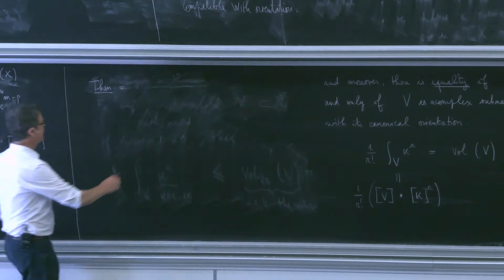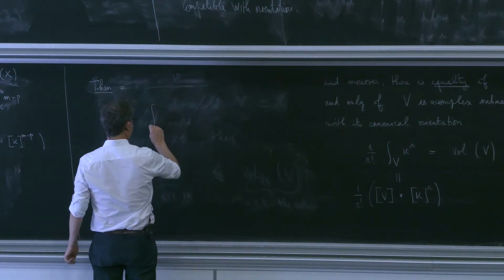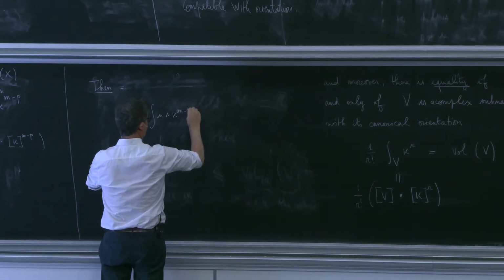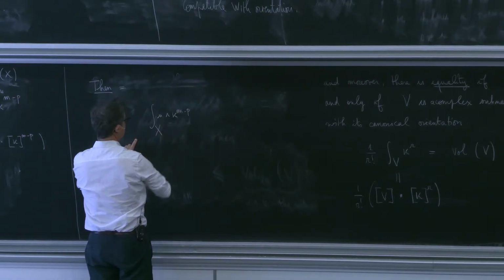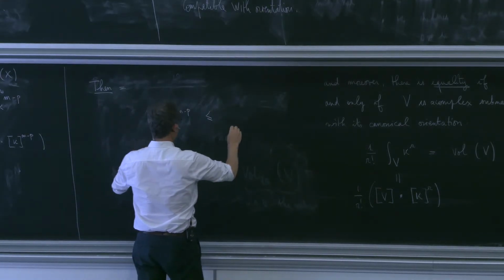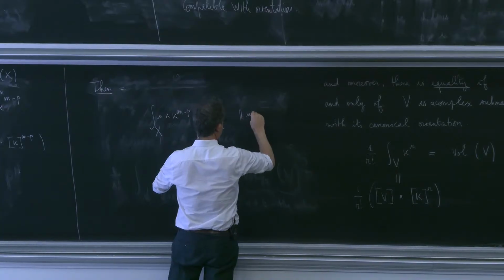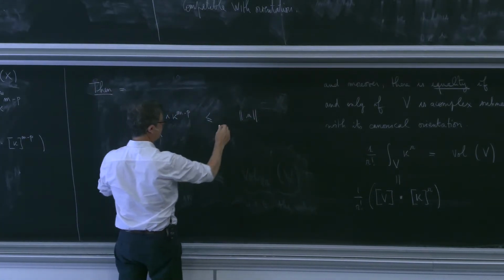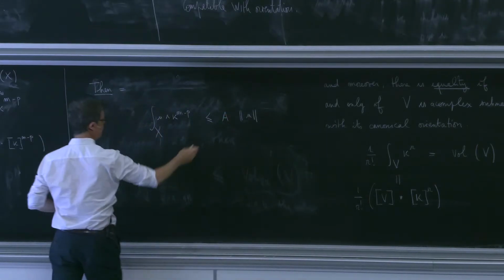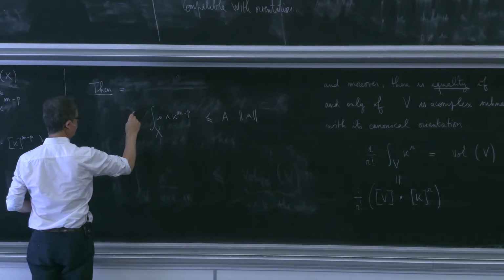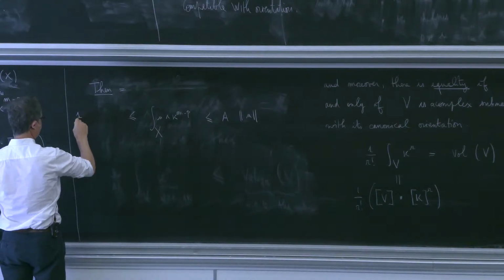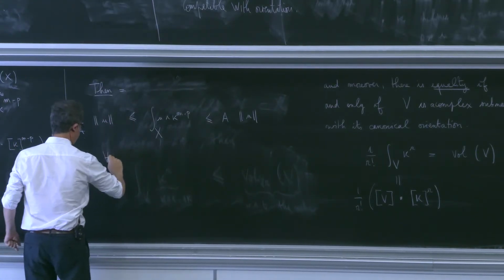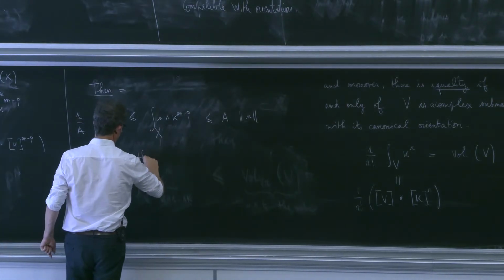Then what I say is that if I apply this linear form, this is bounded from above by the norm of U, just because it's a continuous linear form, by some multiplicative constant, but it's also bounded from below by this for every U in the positive cone.